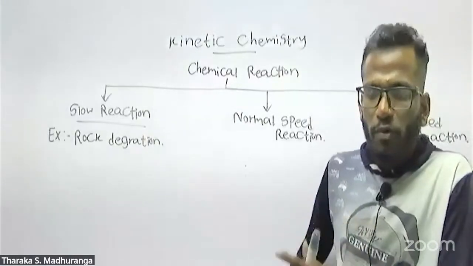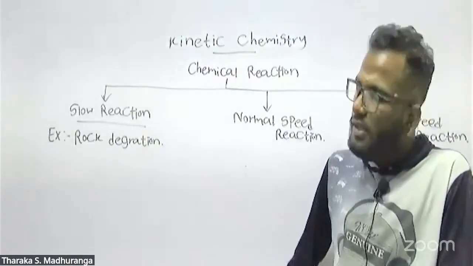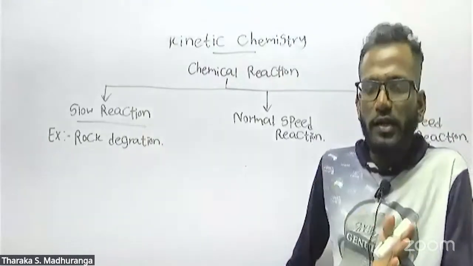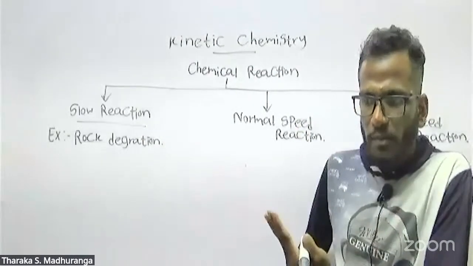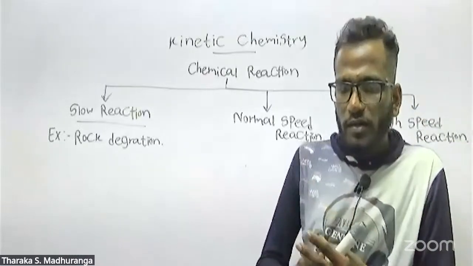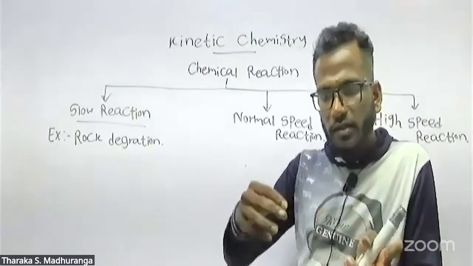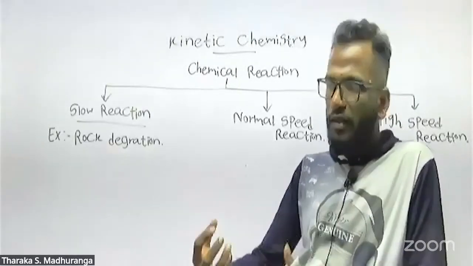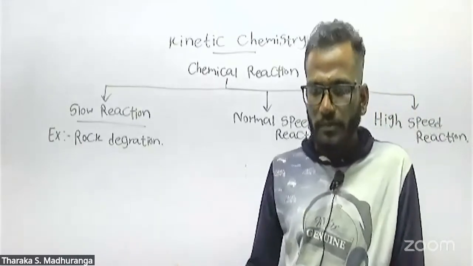That's the soil formation method. Rock degradation is a very long-time reaction. The reactants are the minerals in the rock, and the product is soil. That's a chemical reaction, with a lot of chemical conversion.